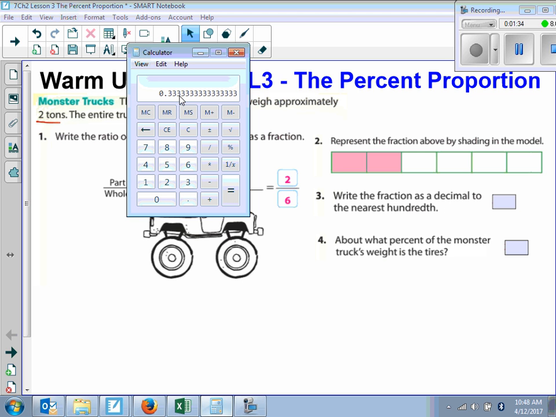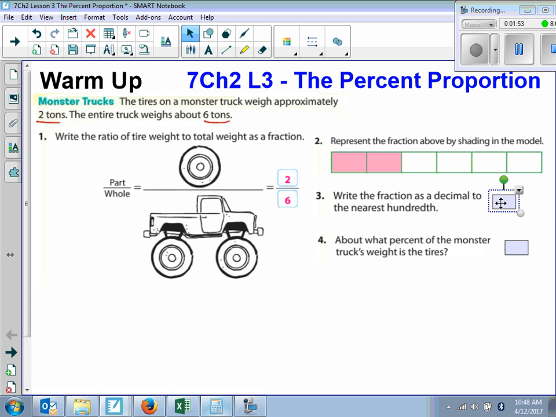What does that following 3 tell me to do to that 3? It doesn't ask me to write it in bar notation. It asks me to round it to the nearest hundredth. You keep it the same. Very good. So as a decimal to the nearest hundredth, this would be 0.33. Is everybody clear? All right.